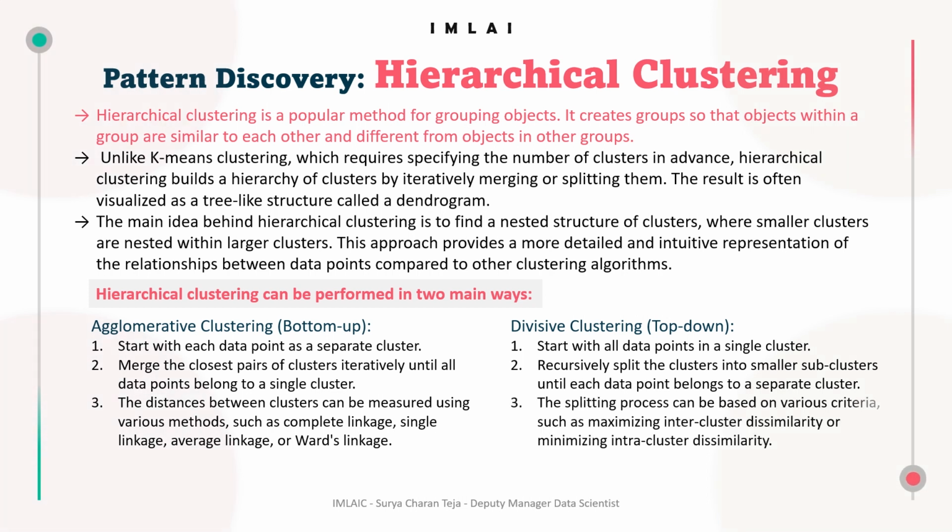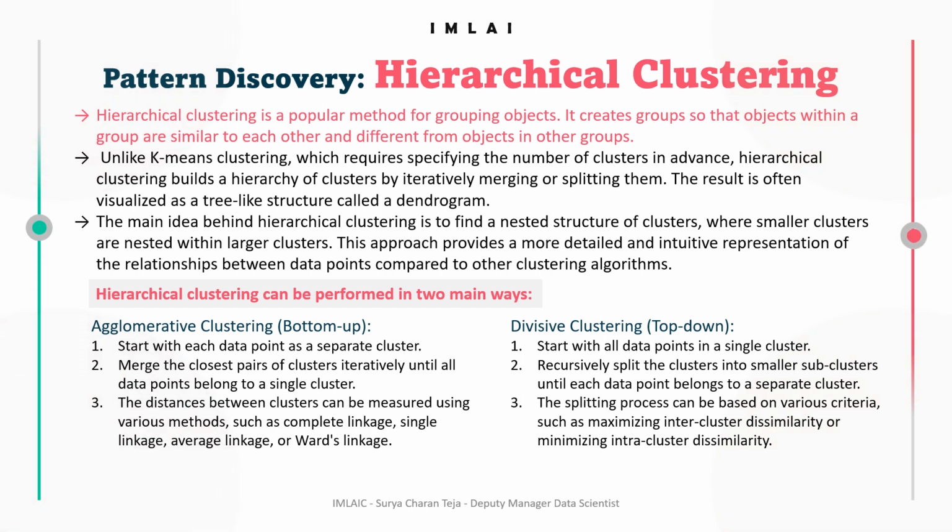The splitting process can be based on various criteria, such as maximizing intercluster dissimilarity or minimizing intercluster dissimilarity. Either one can be used. This is hierarchical clustering in a nutshell.